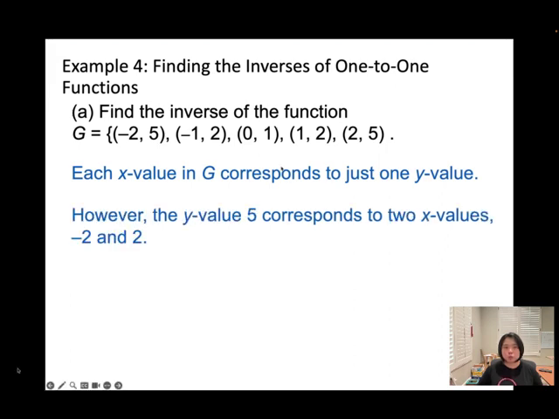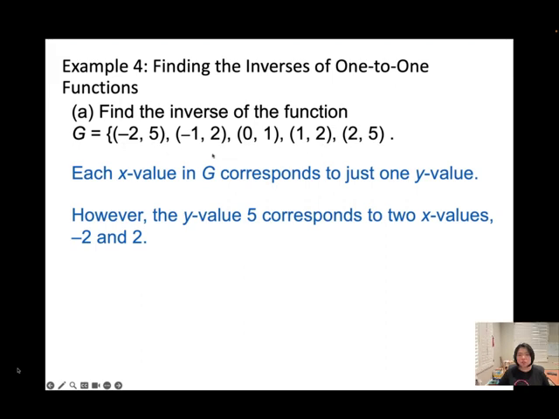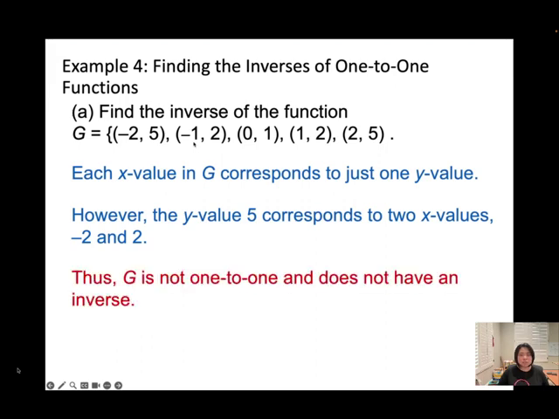However, look at the y here. y equal to 5 corresponds to two x values, one is 2, one is negative 2. And the y value equal to 2 also corresponds to two x values, one is 1, one is negative 1. So we know this is not a one-to-one function and does not have an inverse.